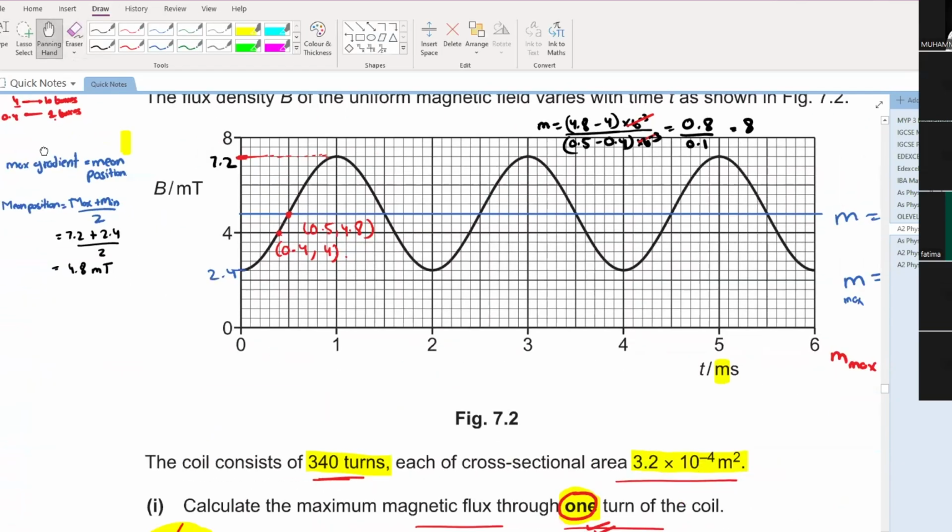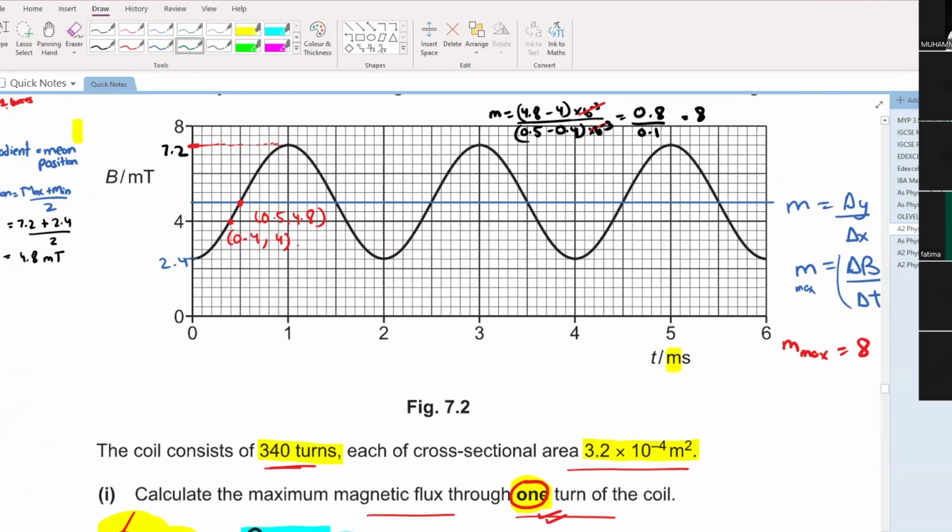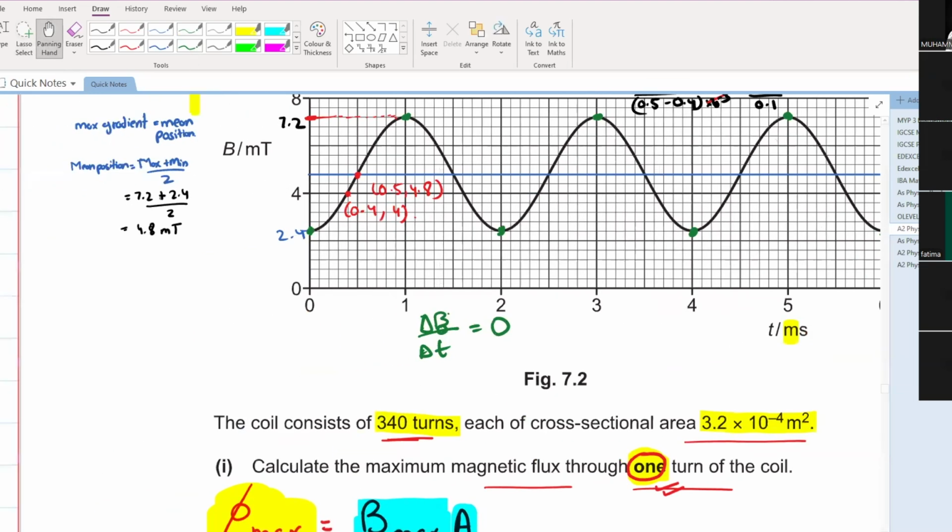if you notice, all those points that I am highlighting in green have a unique property. The change in B over change in T for all these green points is zero. Beta, the gradient of all these green points is zero. Perfect. If the gradient of the green points is zero, what is my induced EMF equal to?